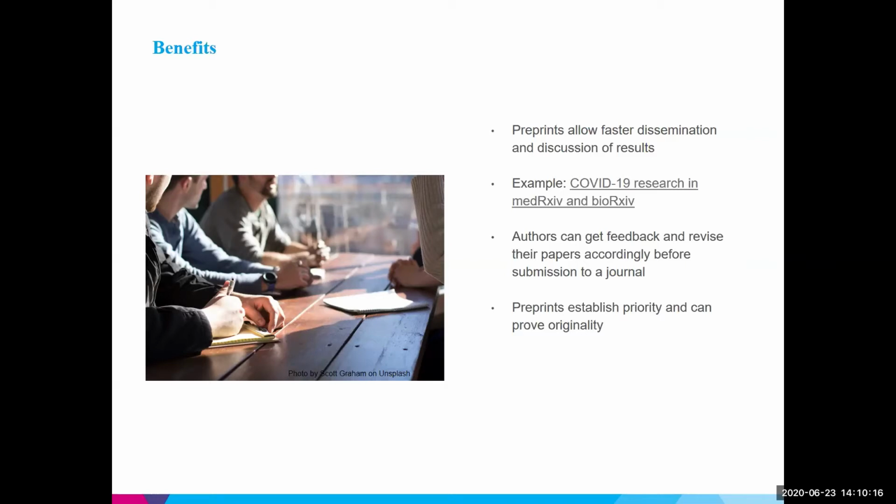And preprints, because they're entire papers and are public, can prove this. So posting a preprint, which will give the preprint a timestamp and sometimes a DOI, shows exactly when that manuscript was posted. And so you can say, okay, I published this work on this date at this time, so that people can see what came first.